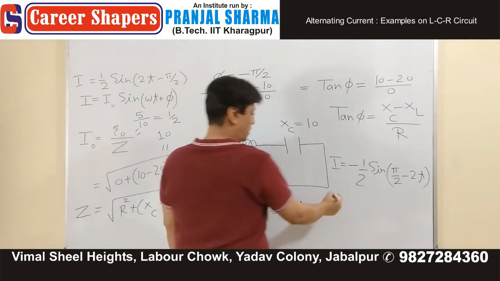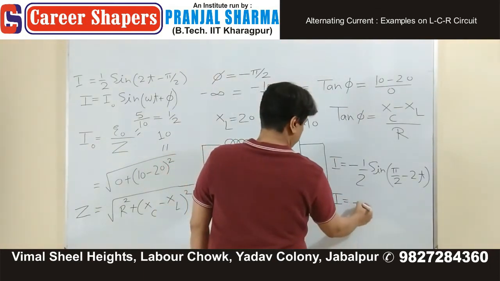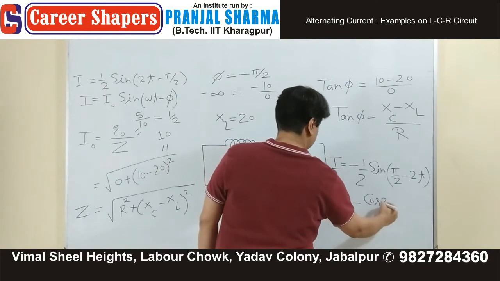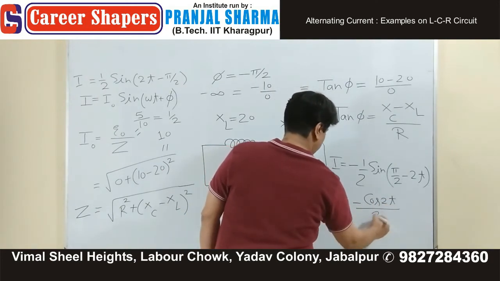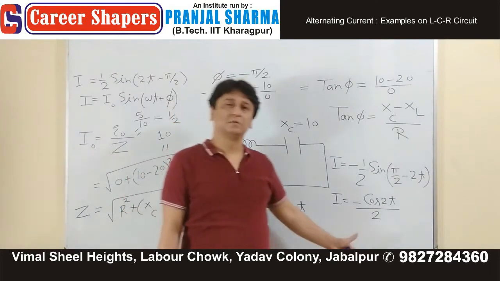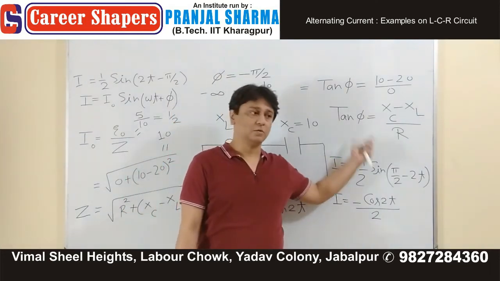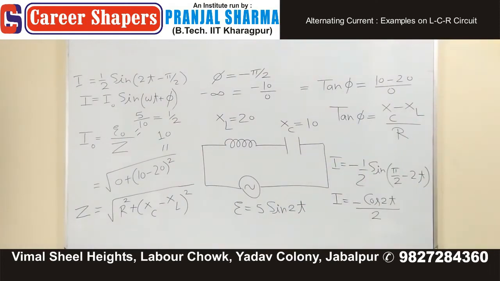That is cos theta. Your I becomes minus of cos 2t divided by 2. That's the answer. Everything is on the board, but still only one person could get the answer in time. Well, this is the easiest question which you can expect in alternating current. Let me tell you this.